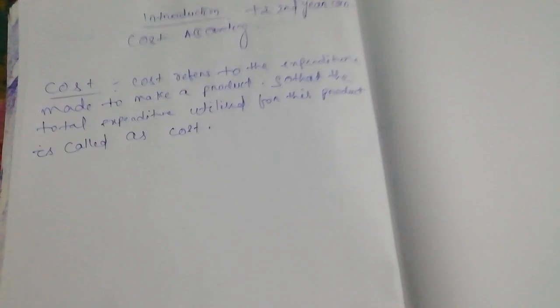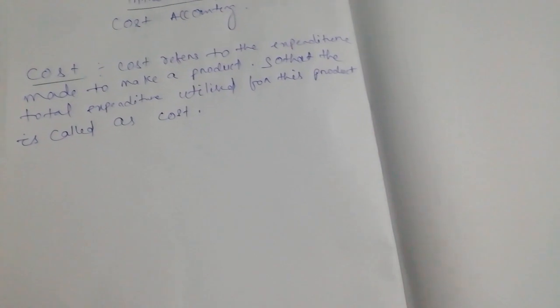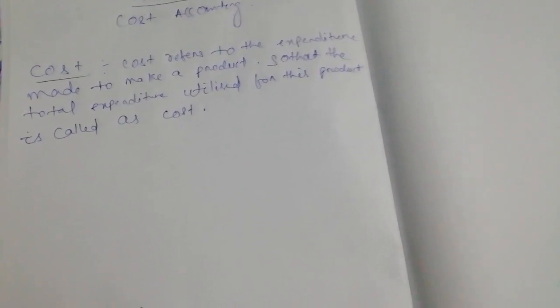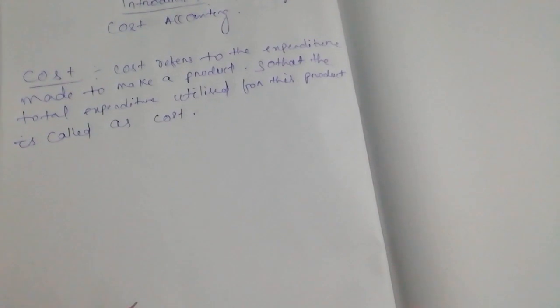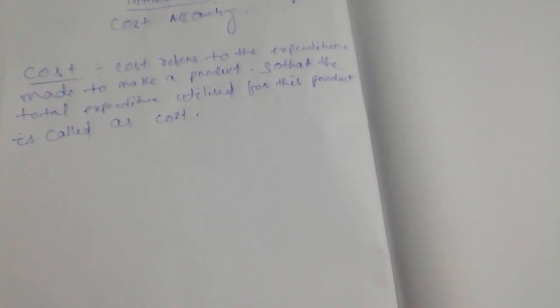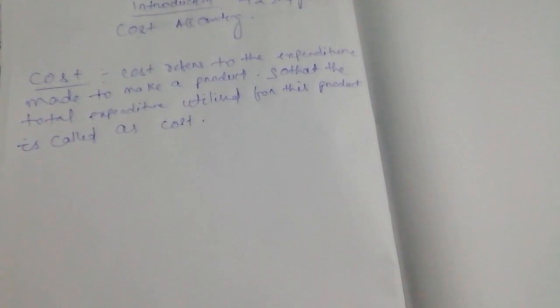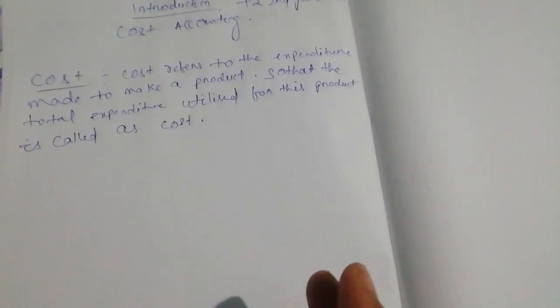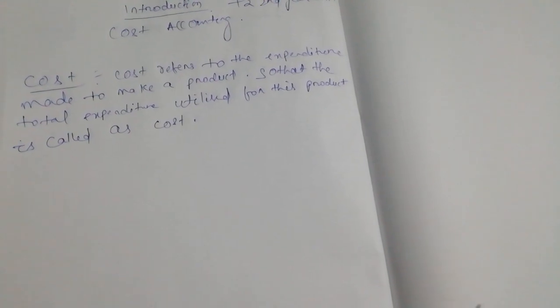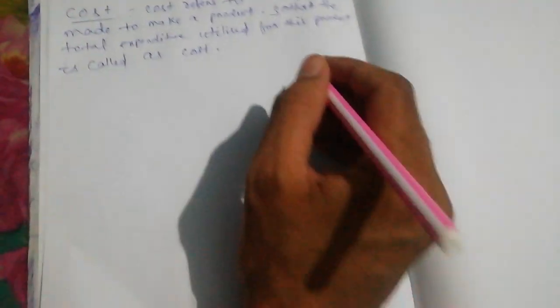So I have clarified this particular headline: cost is anything you have to expend for purchasing or production of a product. The total expenses utilized for getting this product is your cost. Clarify your doubt. Next point is costing.